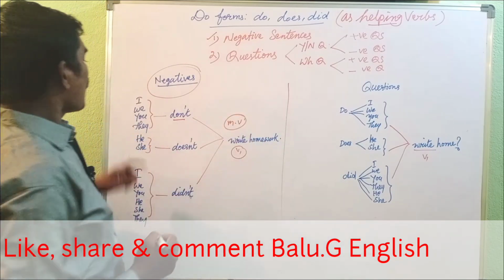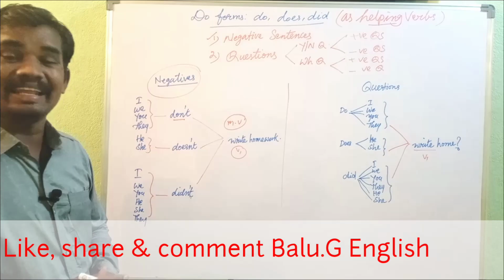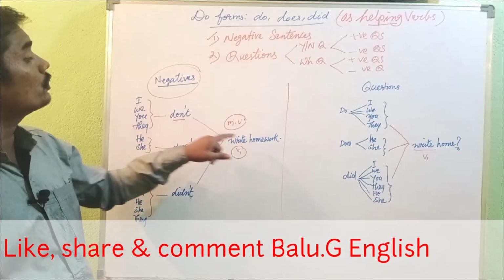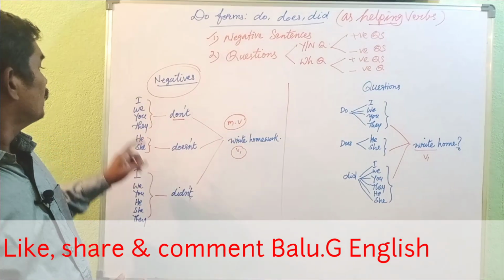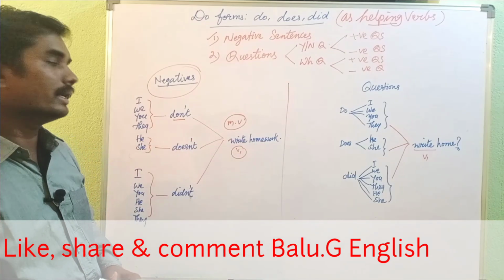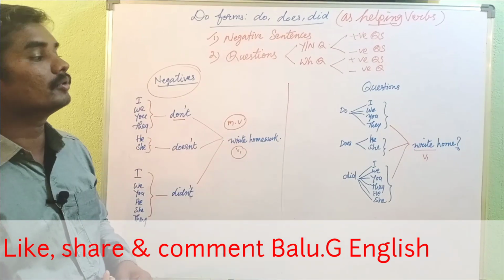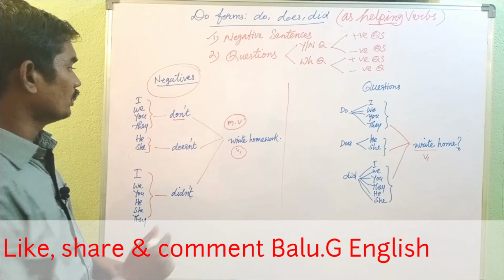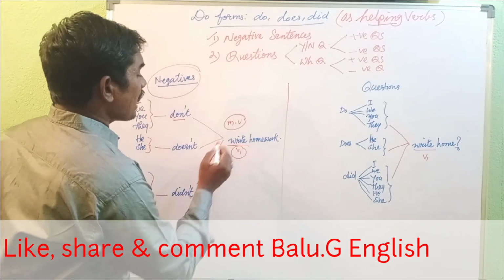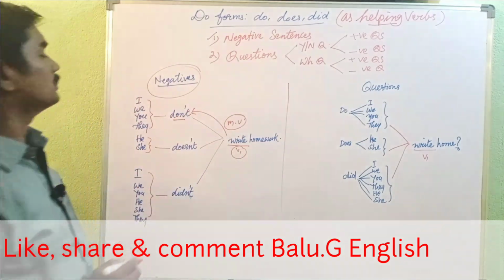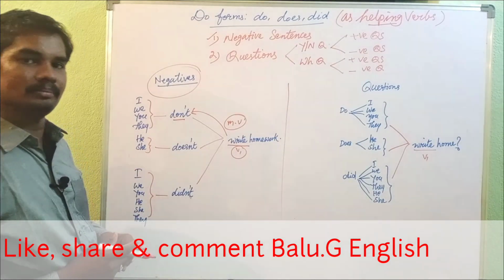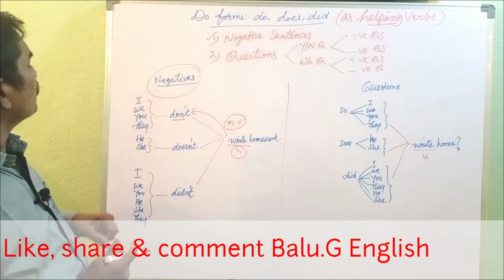I don't write homework daily. We don't write homework daily. You don't write homework daily. They don't write homework daily. So here write is the main verb, and for the main verb we are using don't as a helping verb, and this is in the present tense.